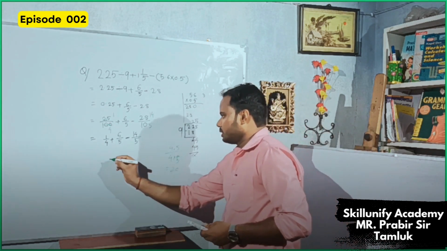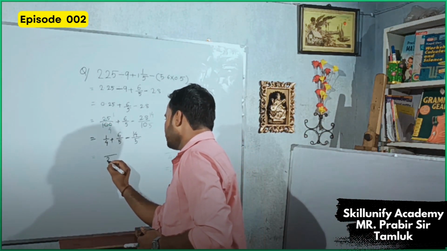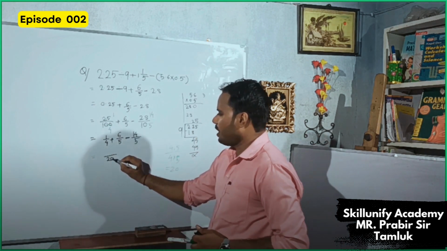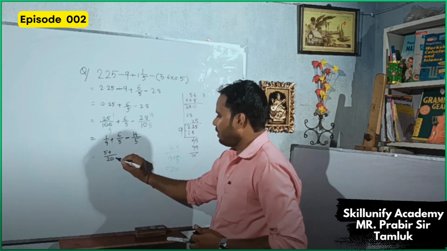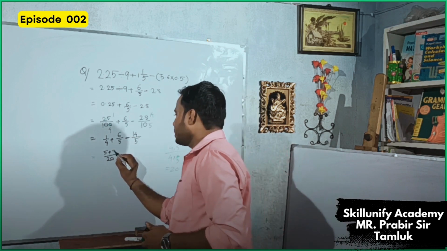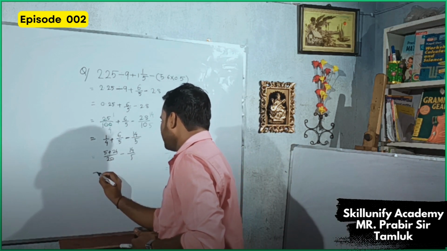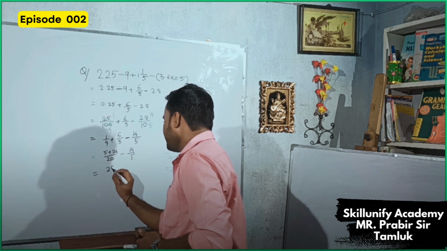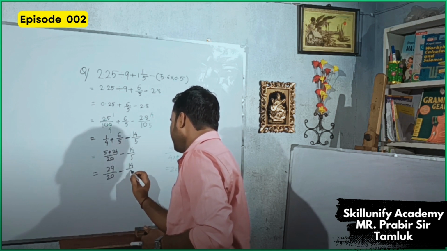So we can write 20. 4 5 is 20, 5 1 is 5 plus 5 4 is 20, 6 4 is 24, minus 14 by 5. So that is 29 by 20 minus 14 by 5.